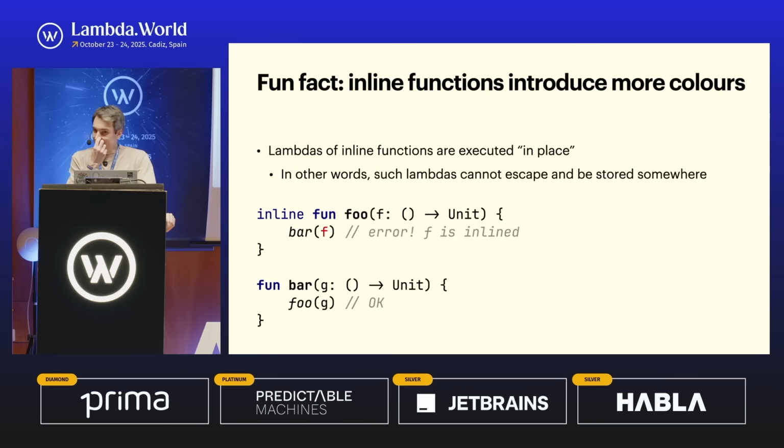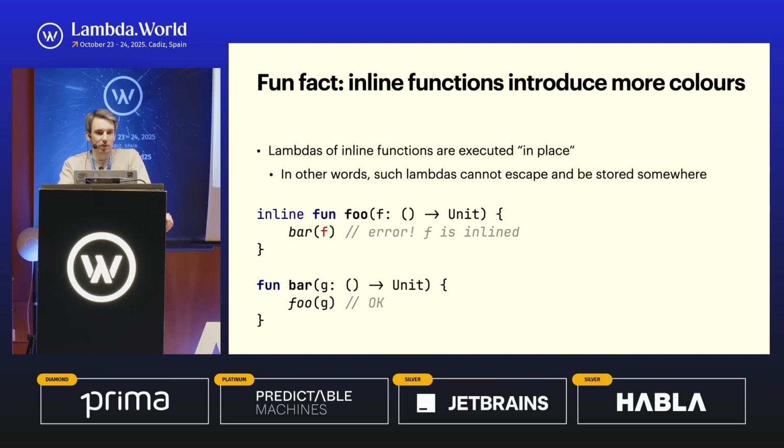Great, but are there any trade-offs? We are fighting code coloring, but in order to fight it, we introduce other colors to the language, because the lambdas of inline functions are sort of executed in place.